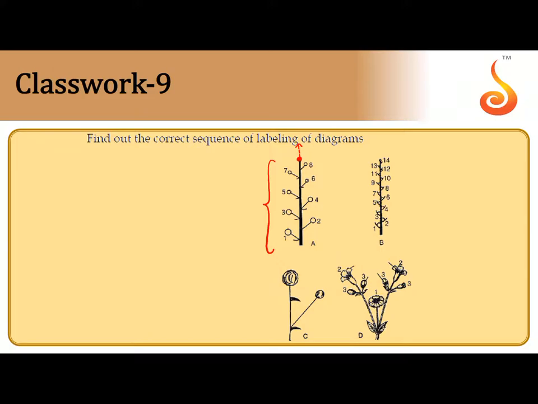Older flowers are towards the base and younger flowers are towards the apex, and all the flowers have a stalk, the pedicel. So we can call this a simple raceme that is seen in Crotalaria, Delphinium, Snapdragon. The most common example would be Crotalaria.